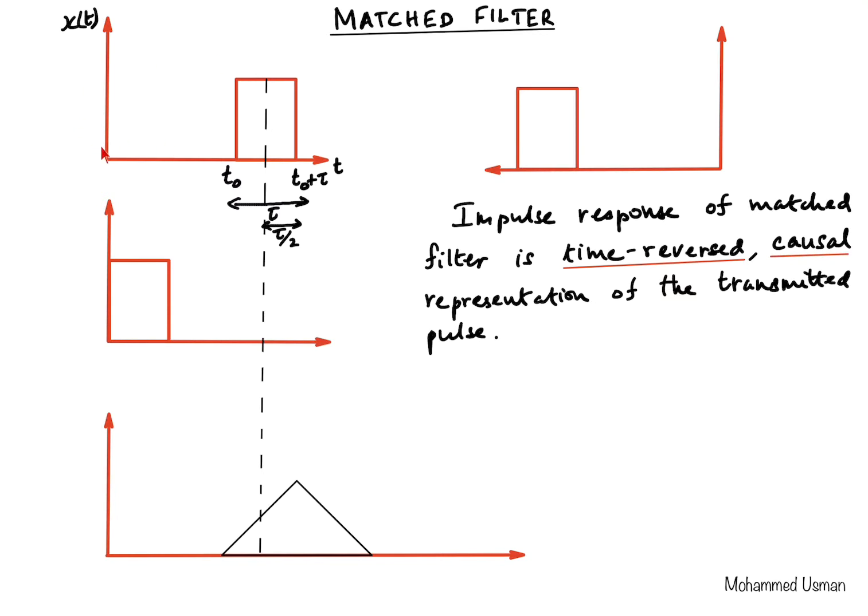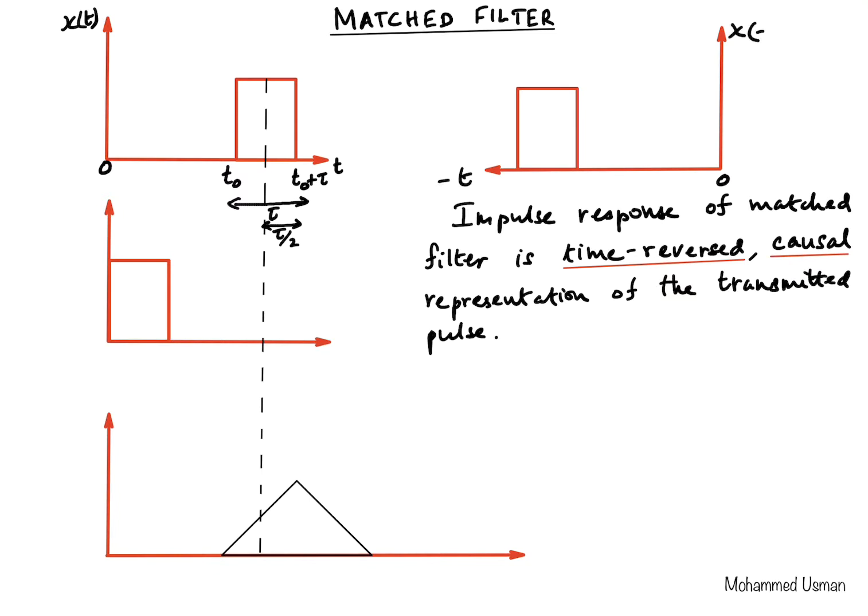Time reversed means we're just going to flip the time axis, so the entire pulse comes to the left side like this. This is the time reversed version of the transmitted pulse. By the way, that's the origin 0, so this is negative time now.